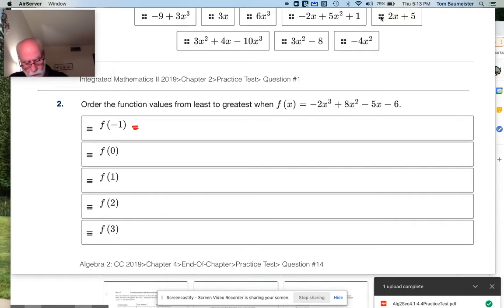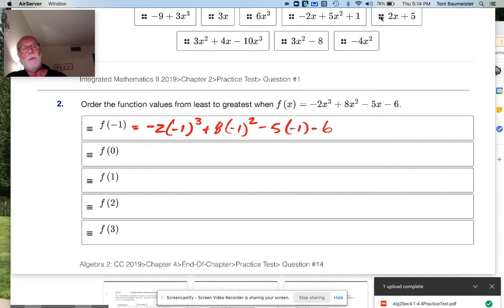So on any of these, it's just going to be basically a plug and chug. So you're going to plug in negative 1, and we're going to cube that, plus 8 times negative 1 squared minus 5 times negative 1 minus 6.